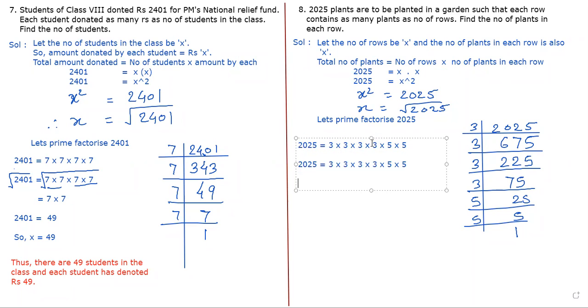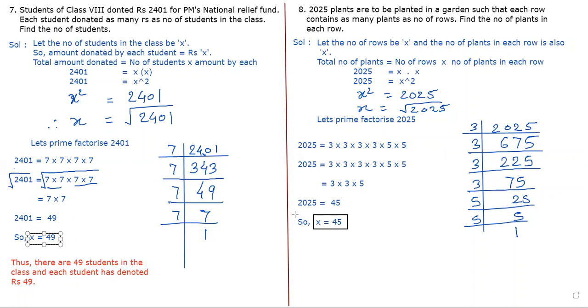So what is the root? 45. So x is equal to 45.